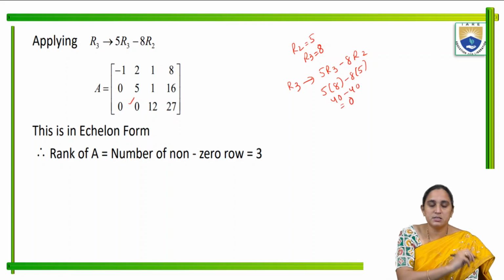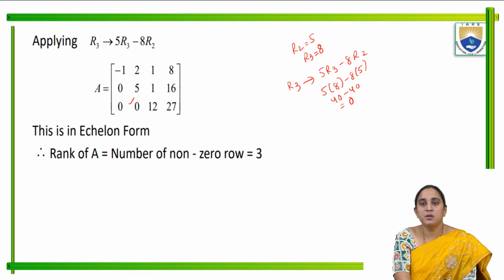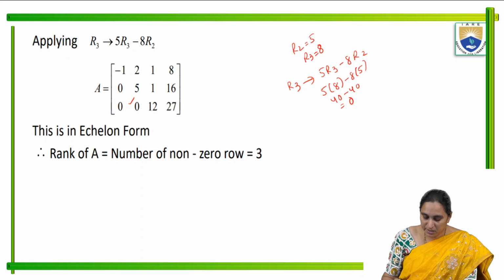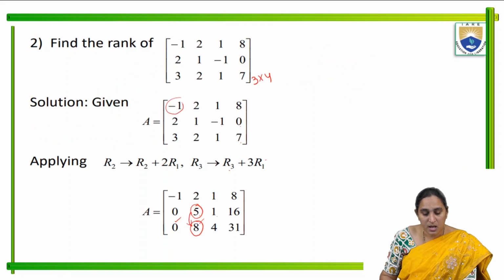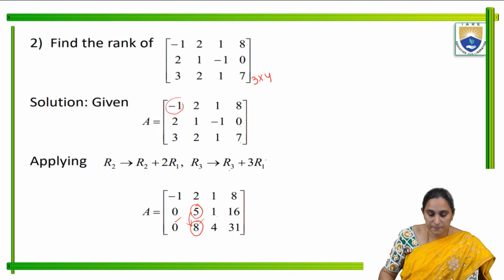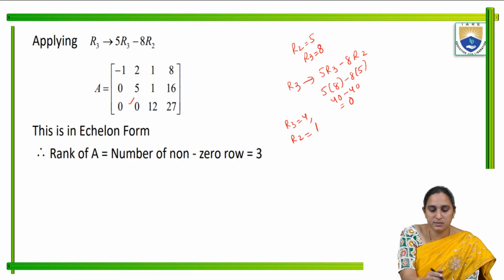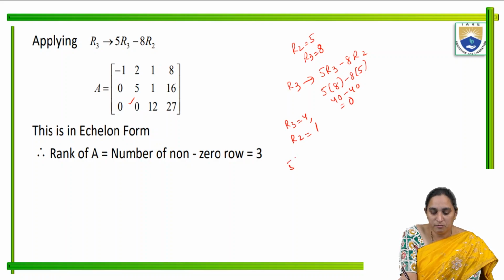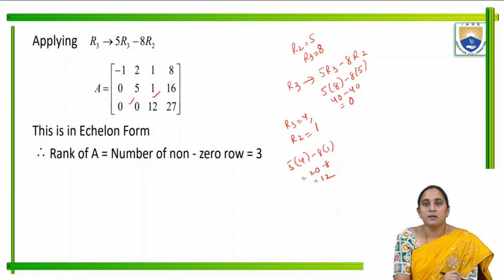Then the second element in the R3 row is 0. Similarly, the R3 third element is 4 and the R2 third element is 1. So 5 into 4 minus 8 into 1, 20 minus 8, that is 12. This is 12.